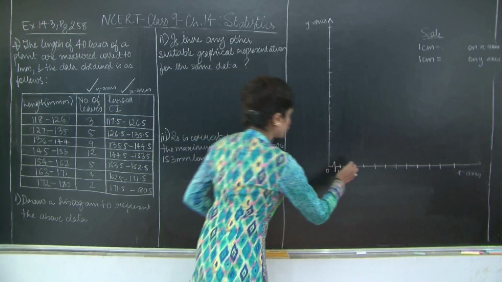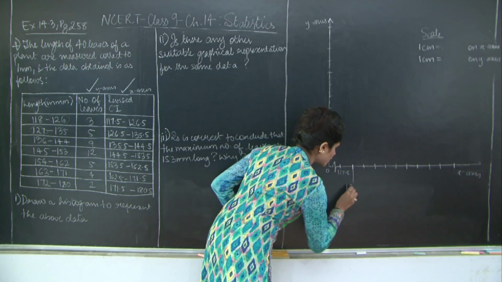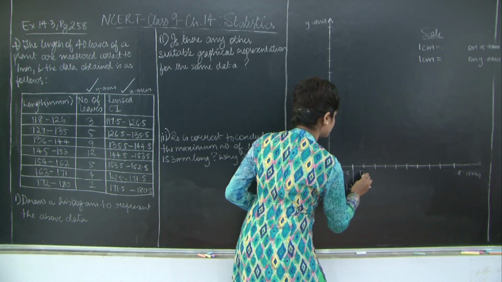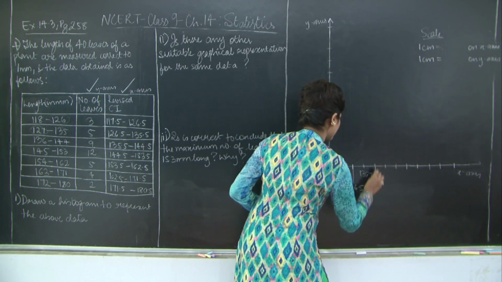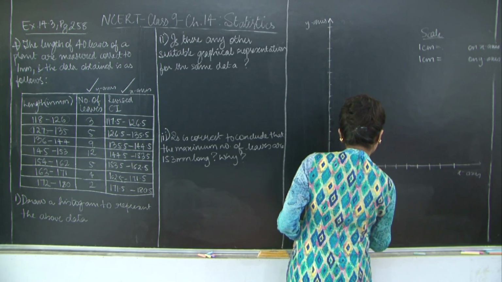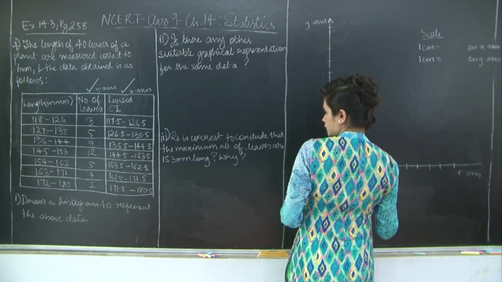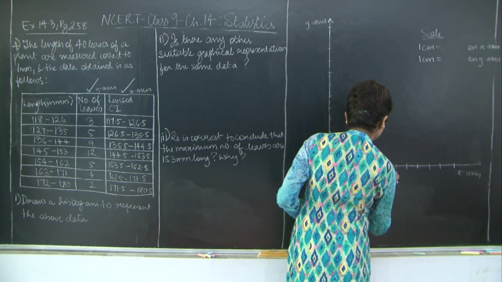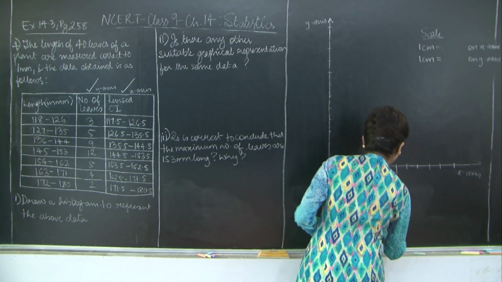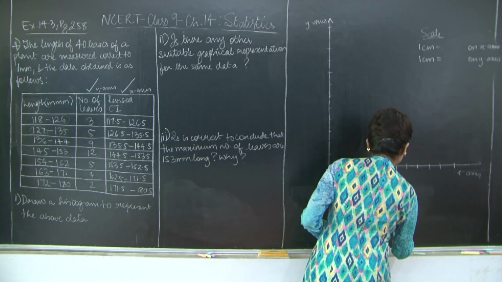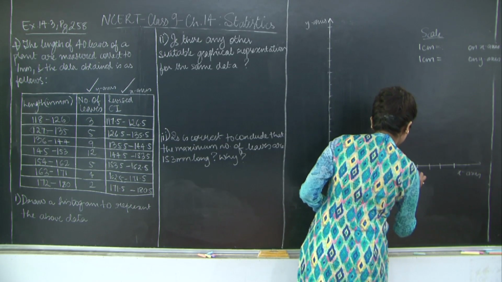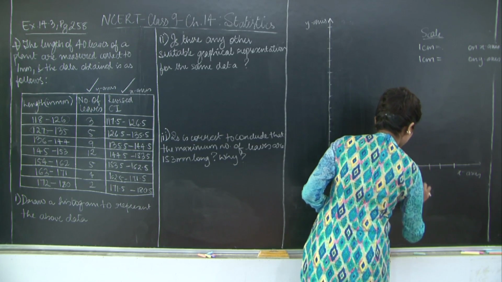So 117.5, then I have 126.5, then I have 135.5, then there is 144.5, then 153.5, then 162.5, 171.5 and 180.5.